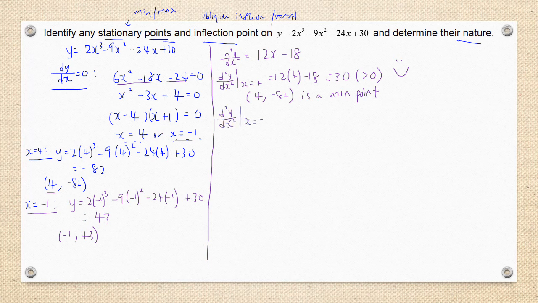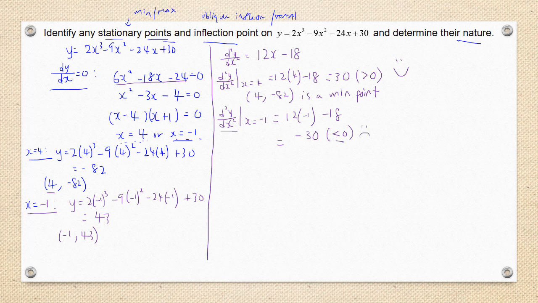If I substitute x equal to -1, 12 multiplied by -1 minus 18, you will get a negative value. -12 minus 18, you will get -30. So -30 is smaller than 0. So the second derivative is smaller than 0.